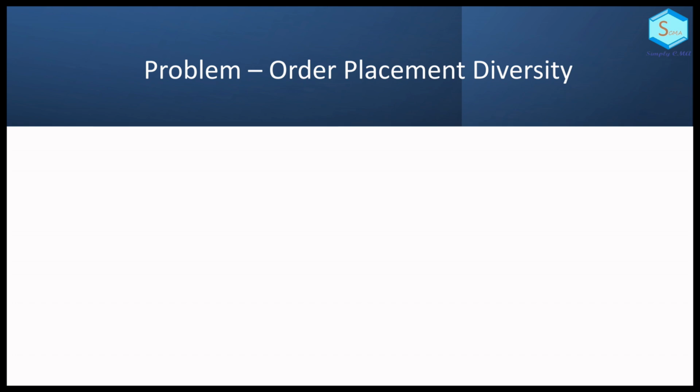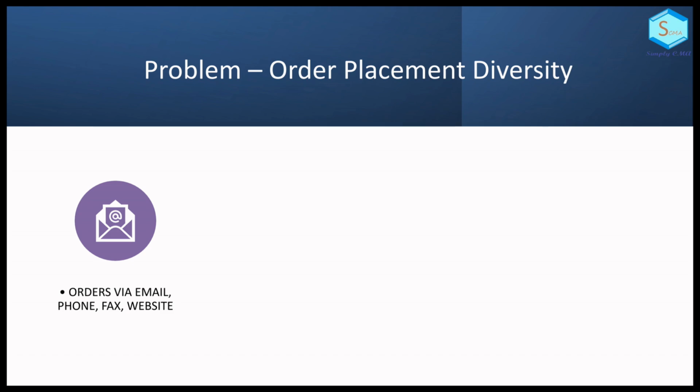Next is order placement. Next we will see these problems in detail. The first problem is order placement diversity. Here, customers place orders in varied formats: emails, calls, websites, etc. This increases the risk of missing orders, duplicate entries, and incorrect fulfillments.